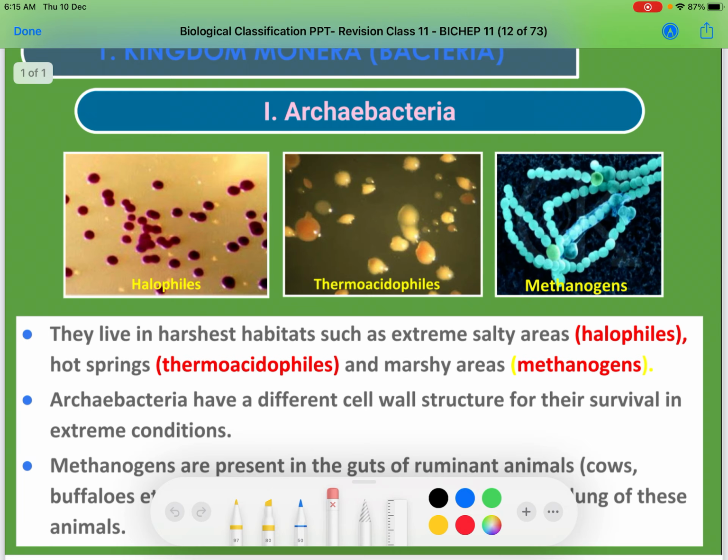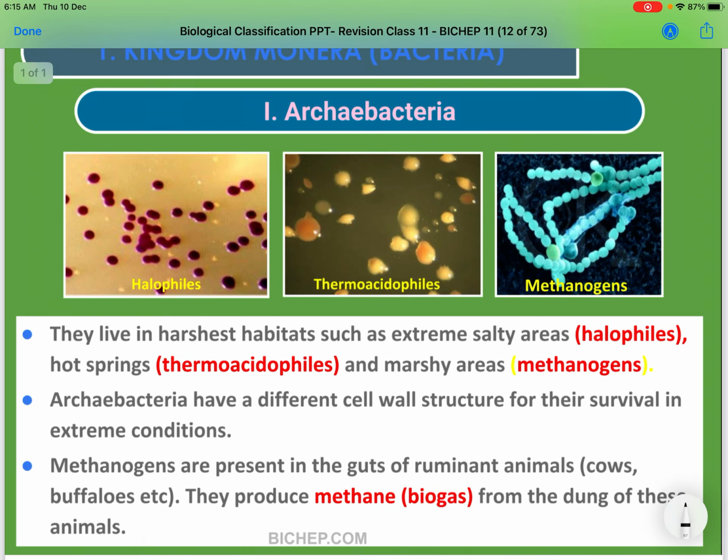Now this is the story of the Archaebacteria. There are three basic types as we have seen earlier: halophiles, thermoacidophiles and methanogens. As we know, Archaebacteria live in very harsh conditions, right? For example, if they survive in an extremely salty habitat, they are halophiles.